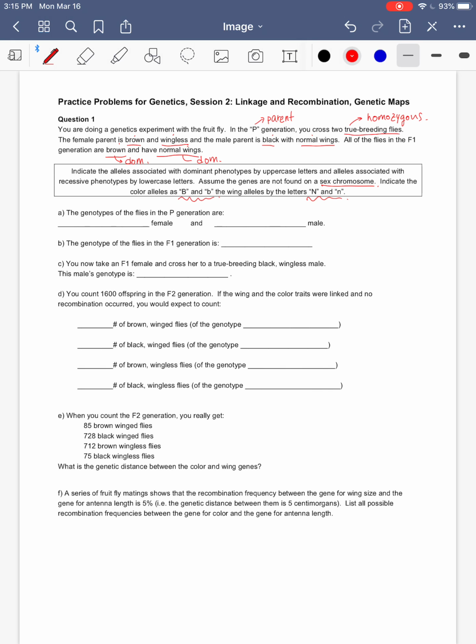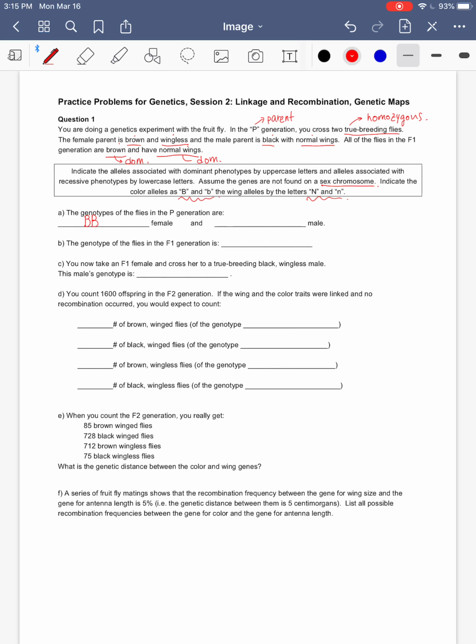Okay, so A, the genotypes of the flies in the P generation are, so for the female, it's brown and wingless, and we know, since it's true breeding, that it should be homozygous. And we identified that brown should be dominant, so it's going to be homozygous dominant for the color, and then wingless. And remember, we said normal wings are going to be dominant.